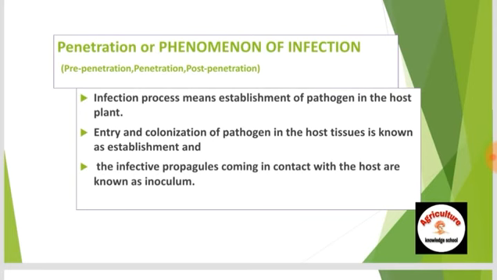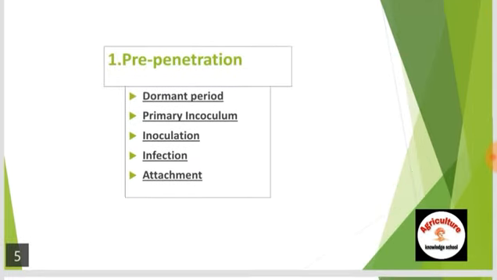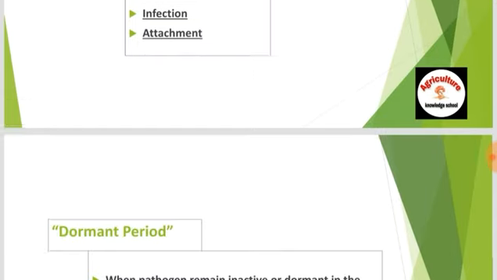Entry and colonization of the pathogen in the host tissue is known as establishment, and the infective propagules coming in contact with the host are known as inoculum. First is pre-penetration. Pre-penetration involves dormant period, primary inoculum, inoculation, infection and attachment.